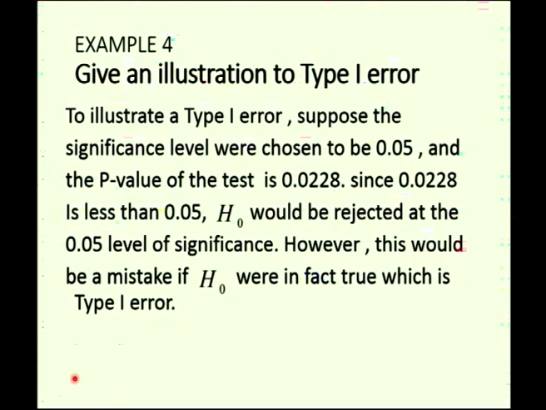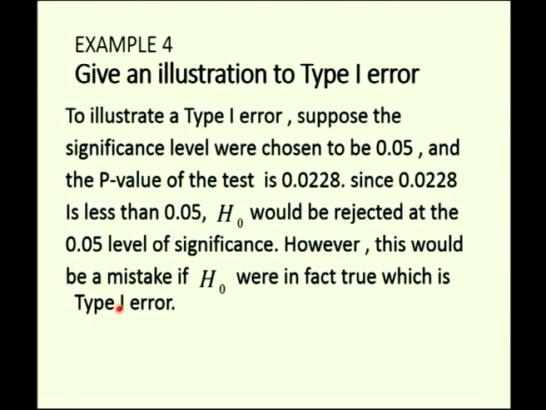When you draw the diagram, you just see the area 0.0228 is contained in the area of 0.05 when shaded. So, H naught would be rejected at the 0.05 level of significance. However, this would be a mistake: when H naught is rejected when H naught is true, it is a mistake. That error is called type 1 error.